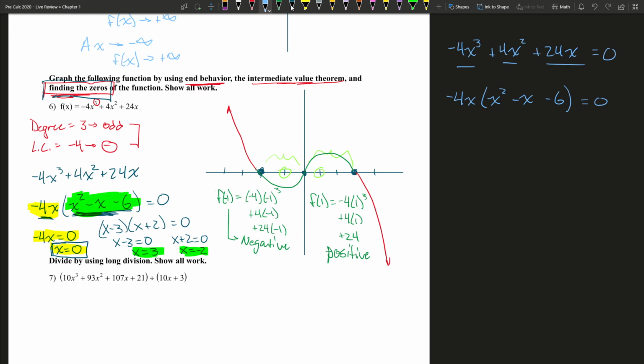So now we have two factors: negative 4x, and x squared minus x minus 6. If two factors equal 0, either the first factor has to equal 0 or the second factor has to equal 0. So negative 4x is equal to 0, which is really easy to solve, just x is equal to 0. Or x squared minus x minus 6 is equal to 0.